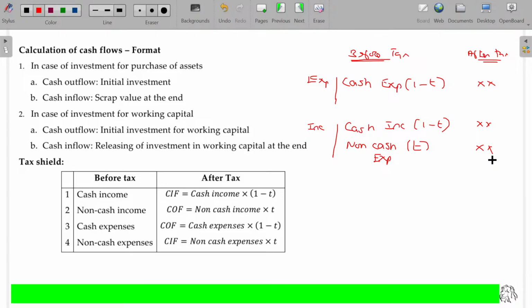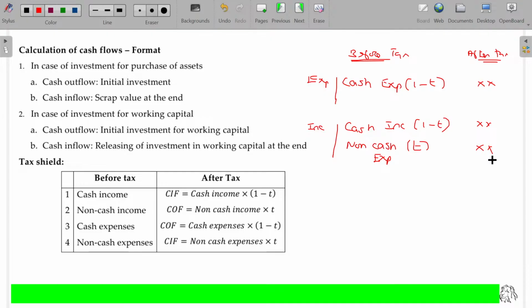Cash income is net of taxes after multiplication of 1 minus t. In case of non-cash expenses, it reduces the profit, but cash has not gone. Though it reduces the profit, ultimately it reduces the tax payment also. The reduction of tax payment is your savings, that will also be income.